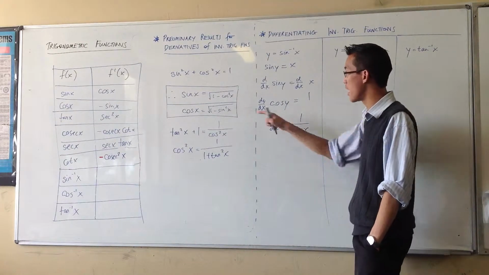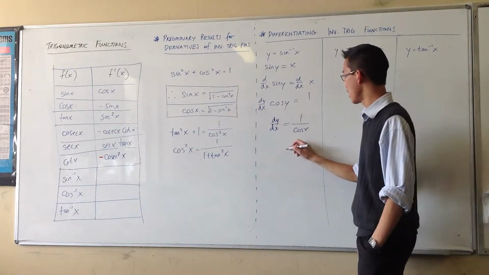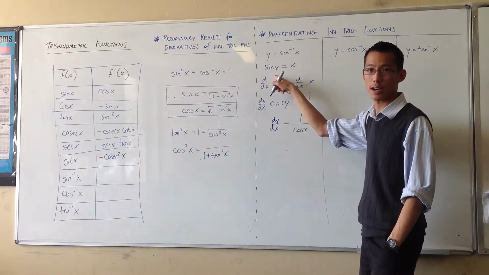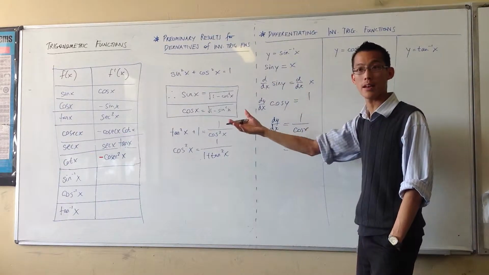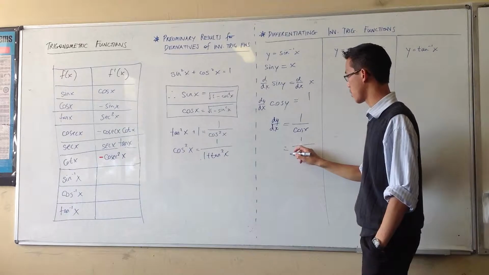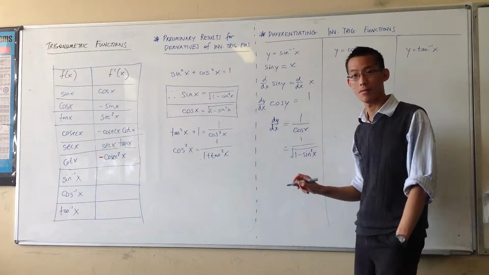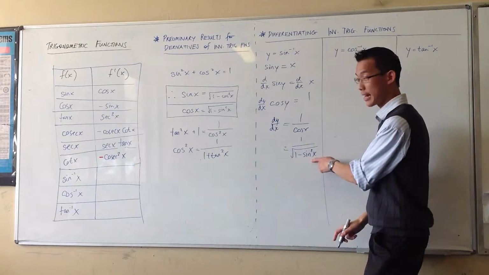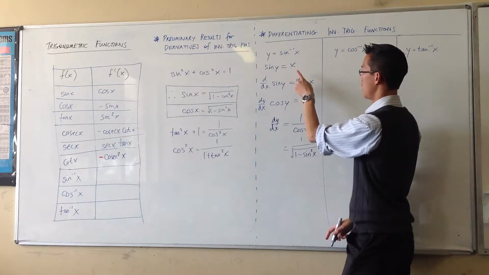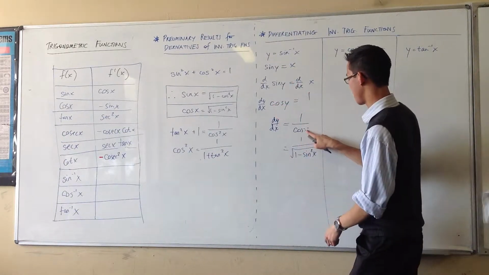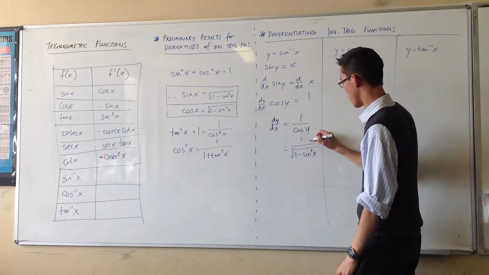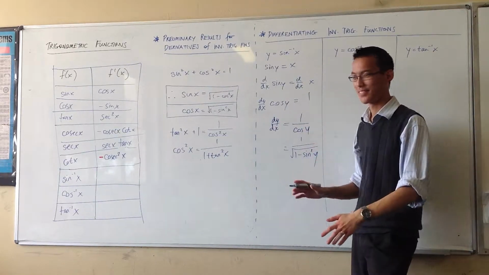Okay, and now you can see why I was bothering with this result here, because I want to get things back in terms of sines, because that's what my original function was defined as. So I'll write this as 1 on the square root of that, right? Except sine x is just, wait, where did I write it? Sorry, you guys missed it. That's a y. That's better.